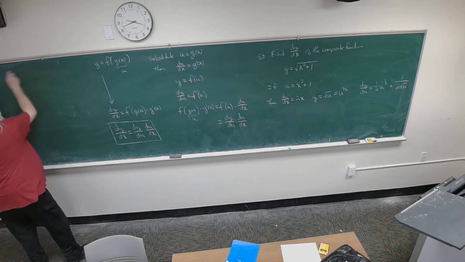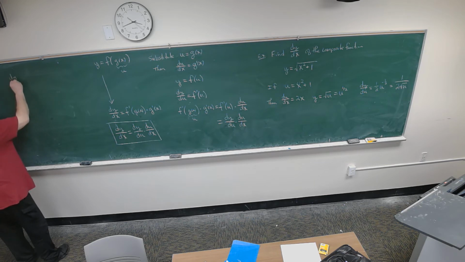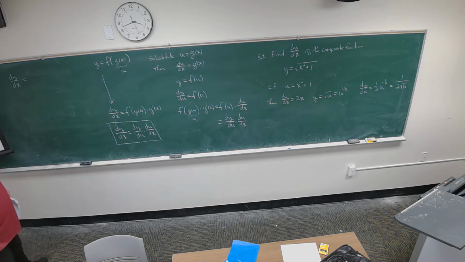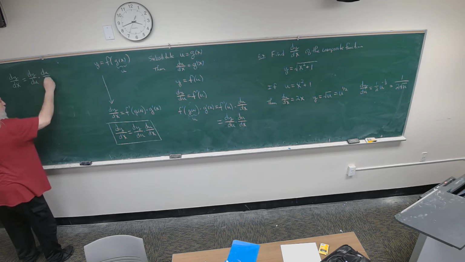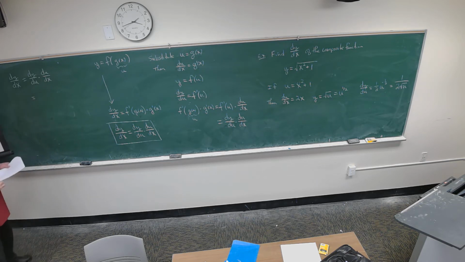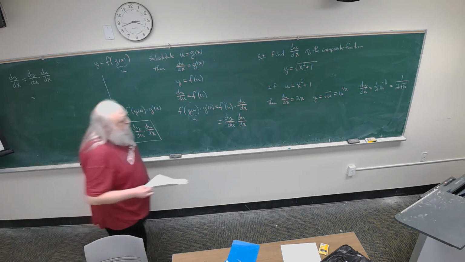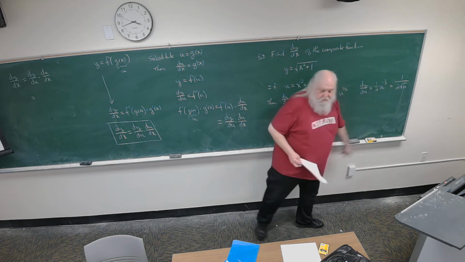So the derivative of y with respect to x, which is what we're trying to find, is equal to the derivative of y with respect to u times the derivative of u with respect to x. Well, the derivative of y with respect to u is 1 over 2 times the square root of u.